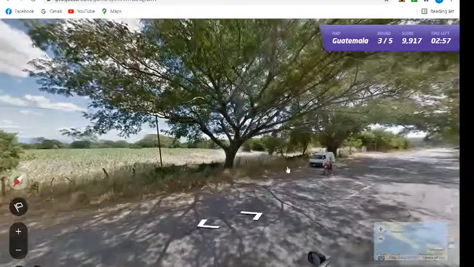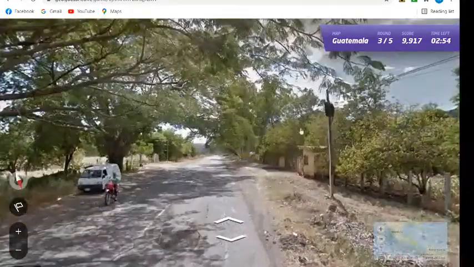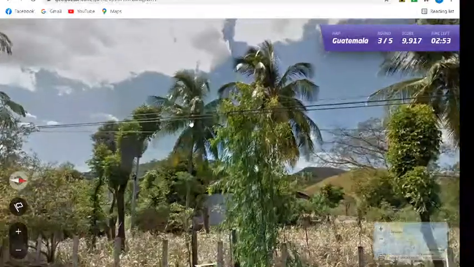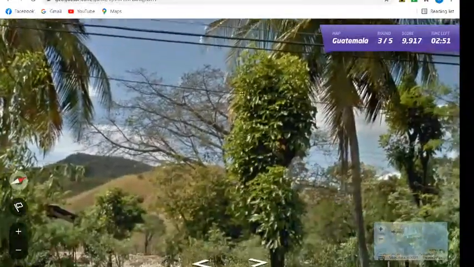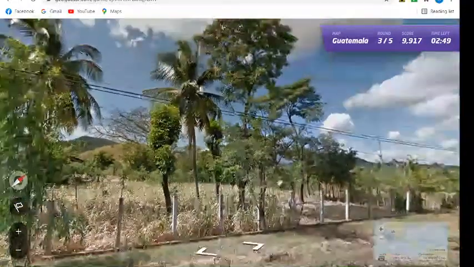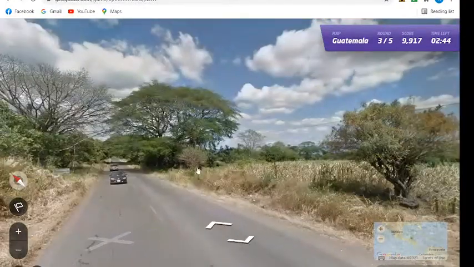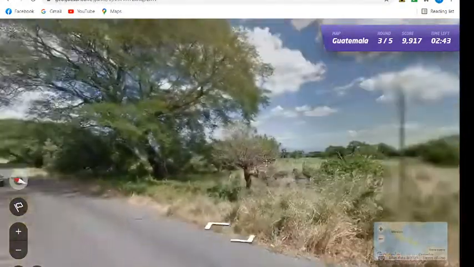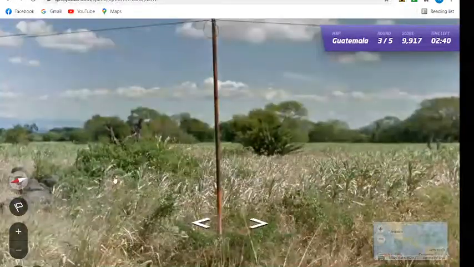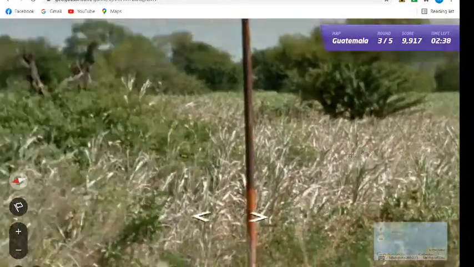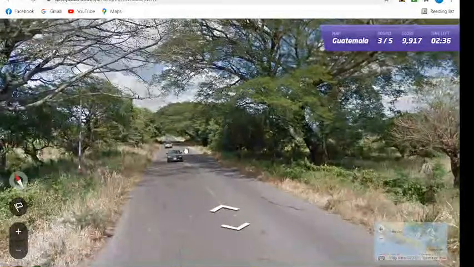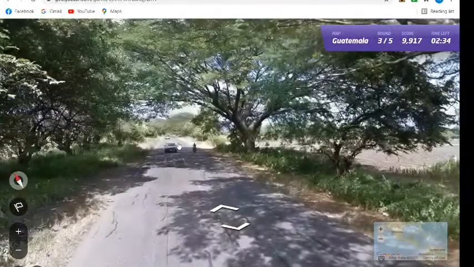Coconut palms again, so probably not higher elevation. We've got, is that cane? I think that might be sugar cane there.